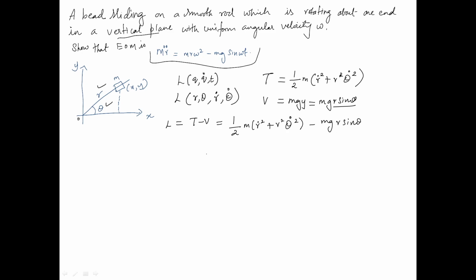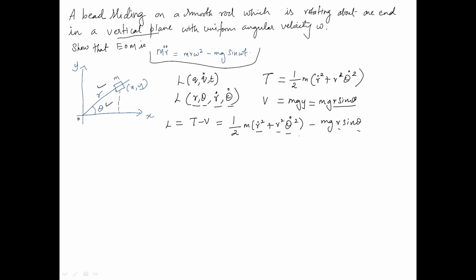Once you have this, we get into solving the Euler-Lagrange equations. Since we have two coordinates, make sure you have r, theta, r dot and theta dot. m and g are constants, we don't want to bother about that.